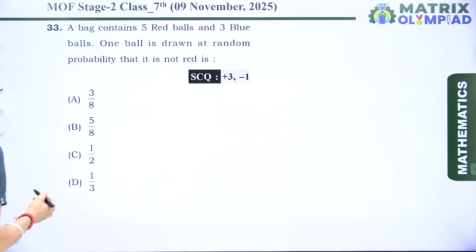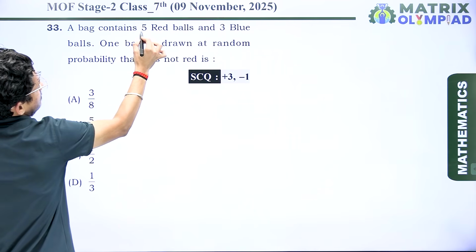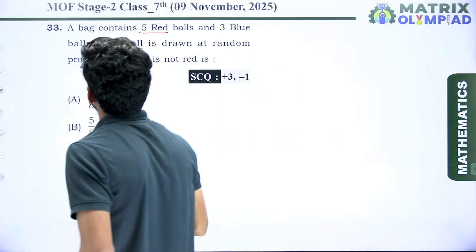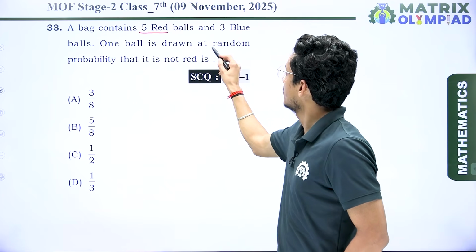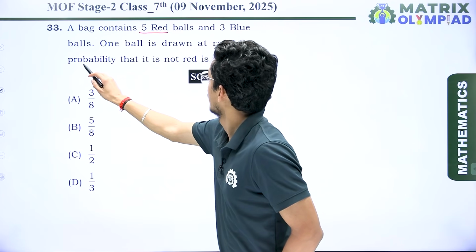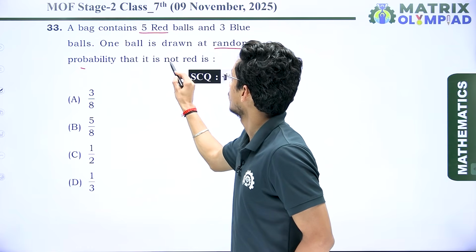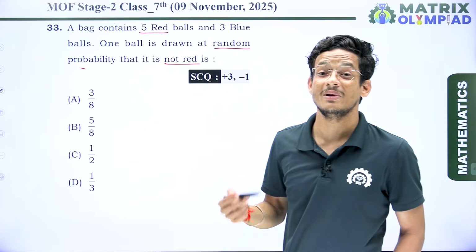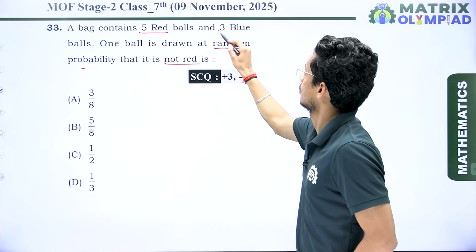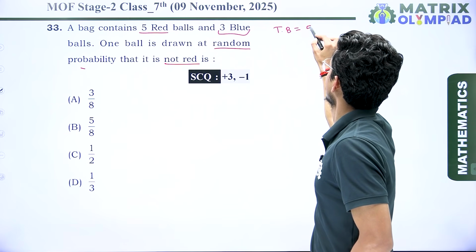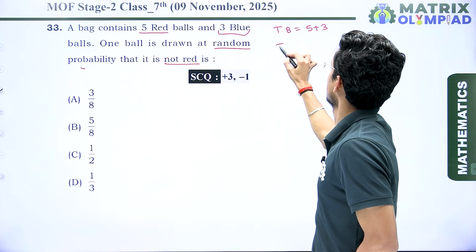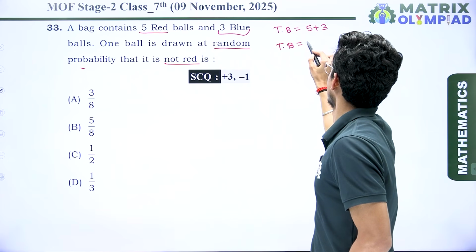Now the next question: a bag contains 5 red balls and 3 blue balls. One ball is drawn at random. The probability that it is not red. If it is not red, it means the ball is blue. So the total balls is 5 red plus 3 blue, that is 8.